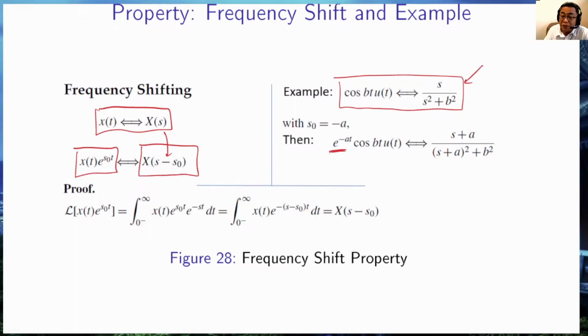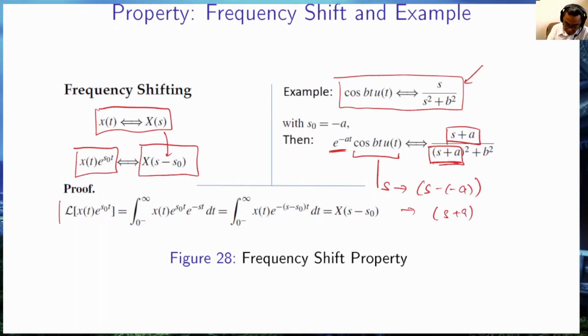When we multiply by e to the minus at, then all the s will become s minus (minus a), which implies that it will be replaced by s plus a. So you see that all the s will be replaced by s plus a over here.